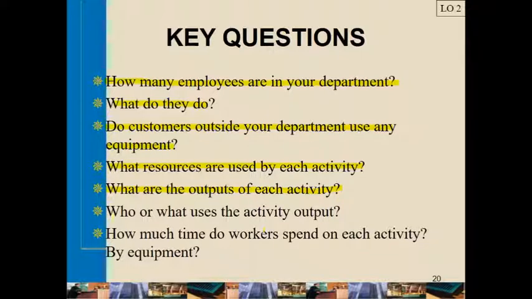The next question, who or what uses the activity output? Now, this question identifies your cost object. So, it can either be the product, other activities, or your customers. So, kung ang gi-who uses the activity output, pada man nga your customers.